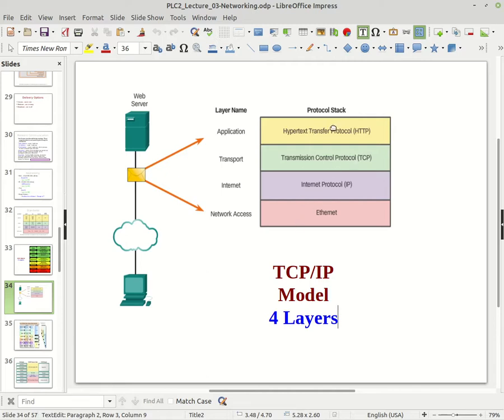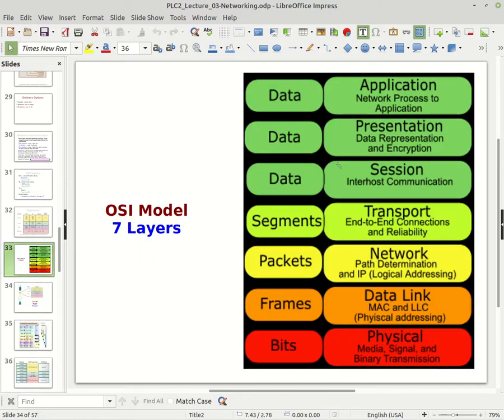And so that's these 4 different layers. If you look at the TCP/IP model, they just give you those 4 layers. If you look at the OSI layer, they take the application layer and break it down into 3 different sections: application, presentation, and session. And they also take the hardware layer and break it down into frames and bits.